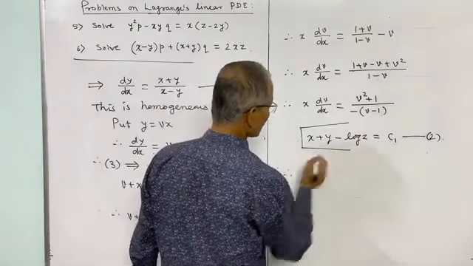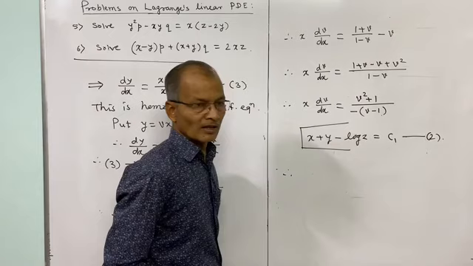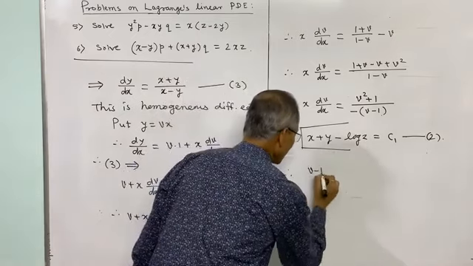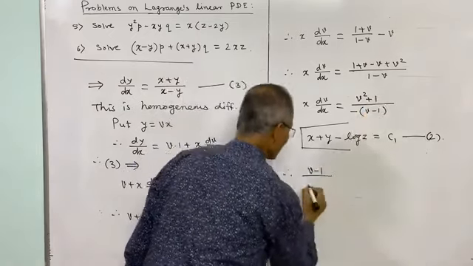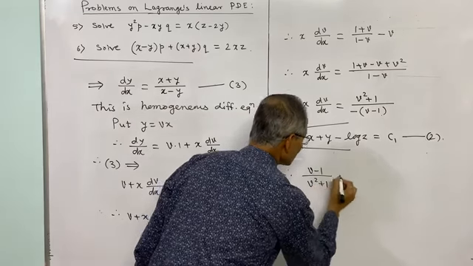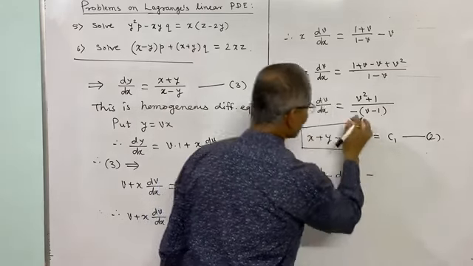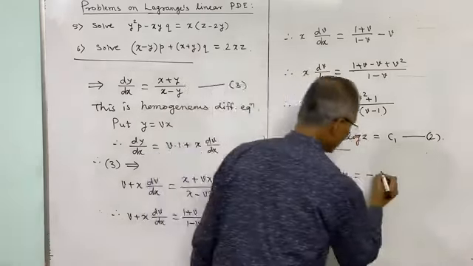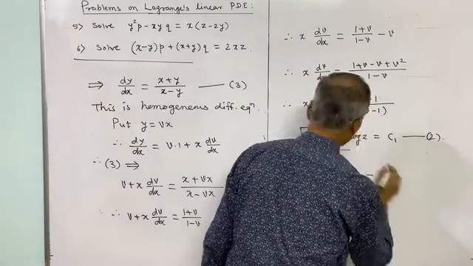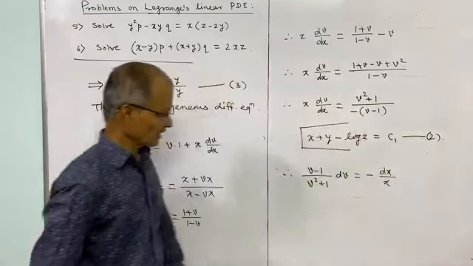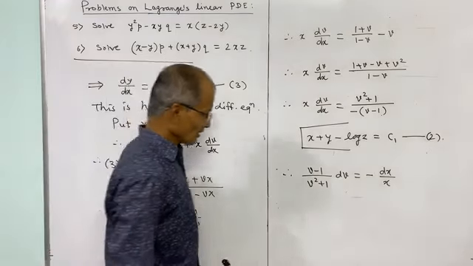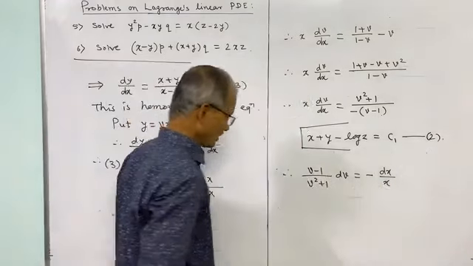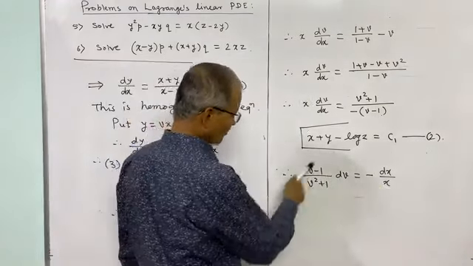So I shall shift this term on this side, it will be (v minus 1) divided by (v square plus 1), reciprocal of this, into dv, and is equal to minus sign I shall keep on the right side, dx divided by x. And we have to integrate it.